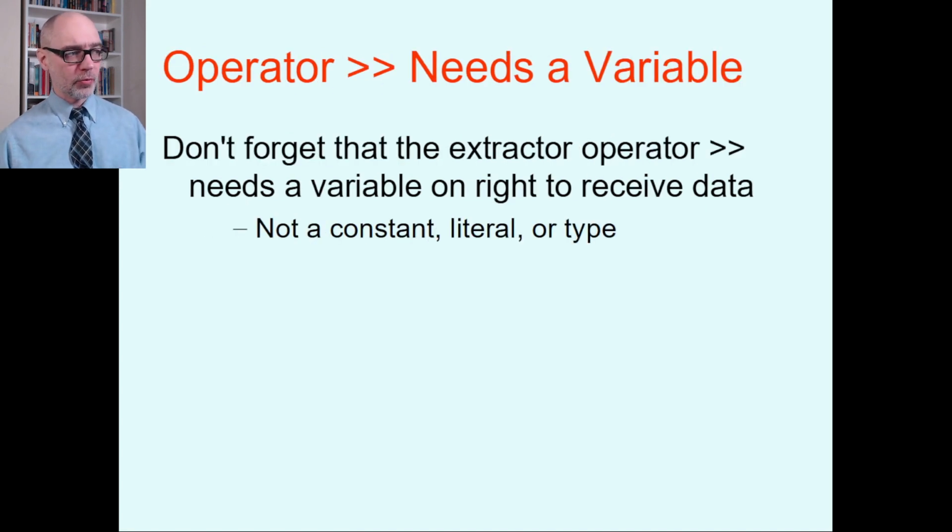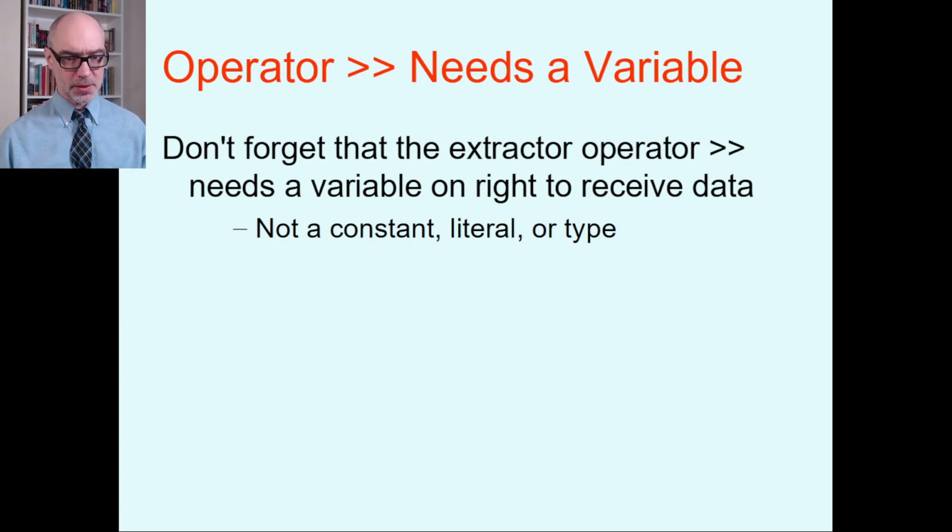And the third thing, hopefully this is kind of obvious, is that after a cin object statement or something like that, you have this double right angle symbol that we refer to as the extractor operator. You're taking data out of the cin object and hopefully you're sending it to a variable on the right to hold that piece of data. So the thing on the right, it's got to be a variable, something you can change to hold the new data that you're getting.